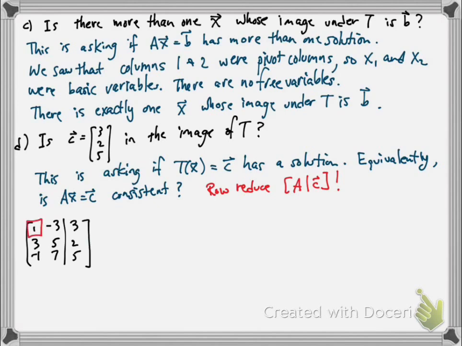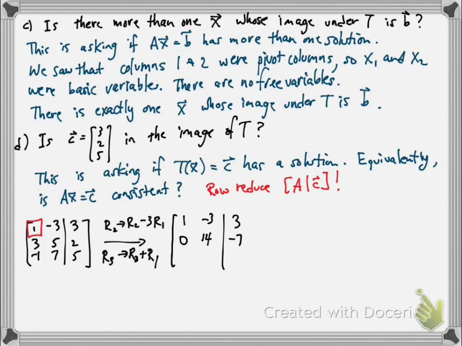So let's do that. There's our pivot again. I'm going to kill off the entries below, so I can kill off the 3 by replacing row 2 with row 2 minus 3 row 1. I can kill off the minus 1 by replacing row 3 with row 3 plus row 1.